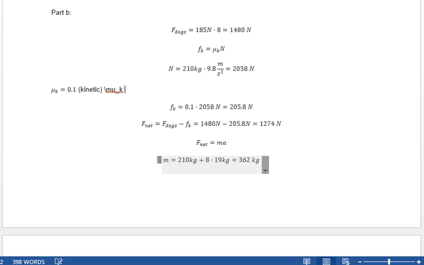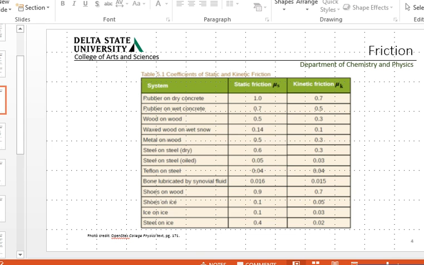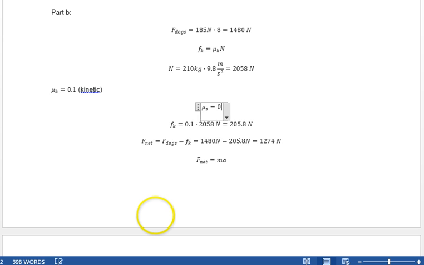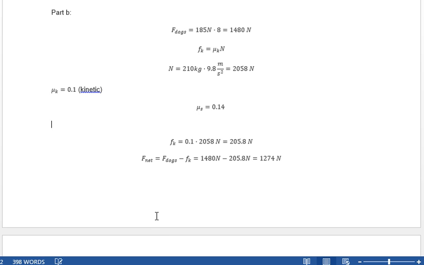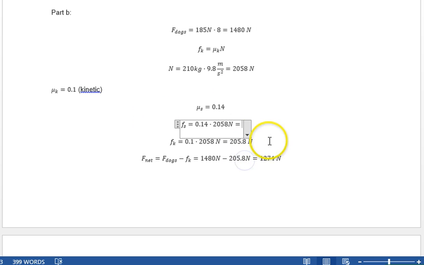And they also want us to look at mu s. Mu s for wax is 0.14. And that means Fs is 0.14 times 2058 newtons, which is 288 newtons, right?